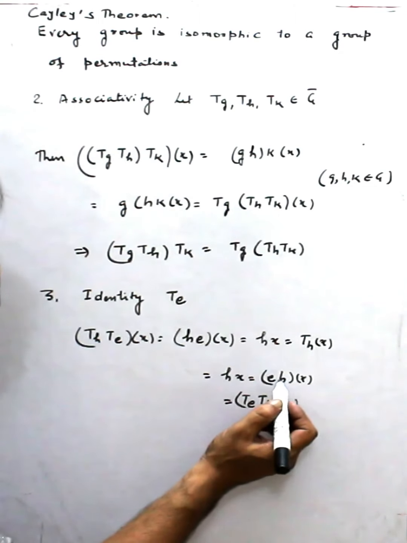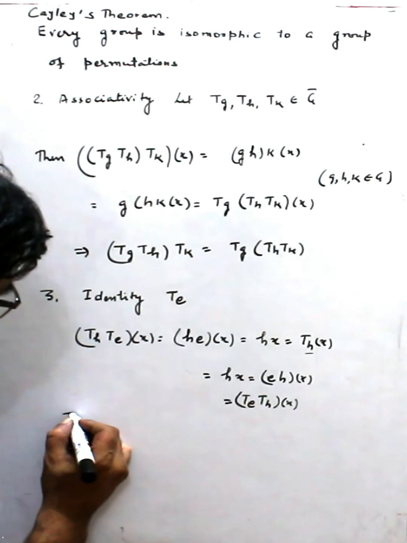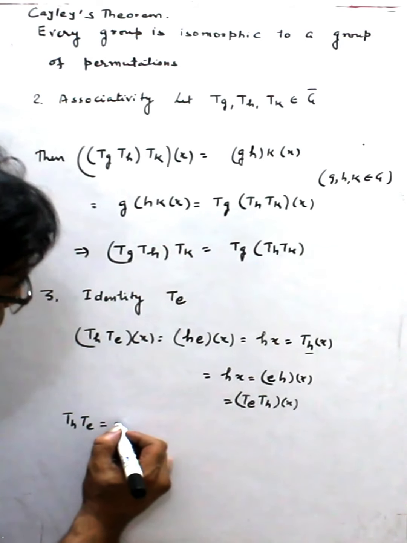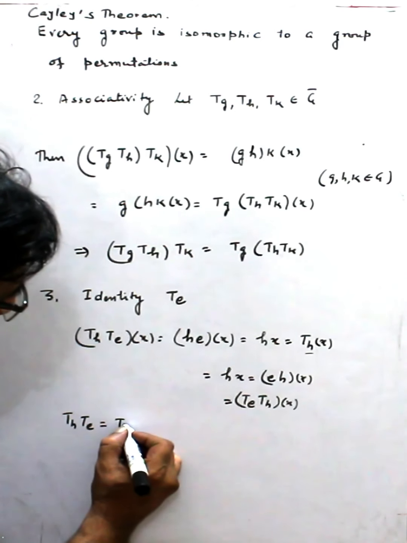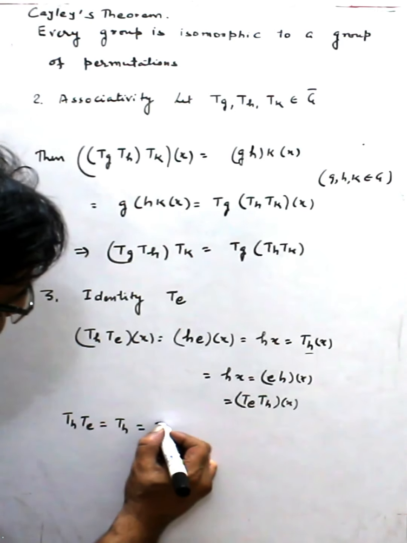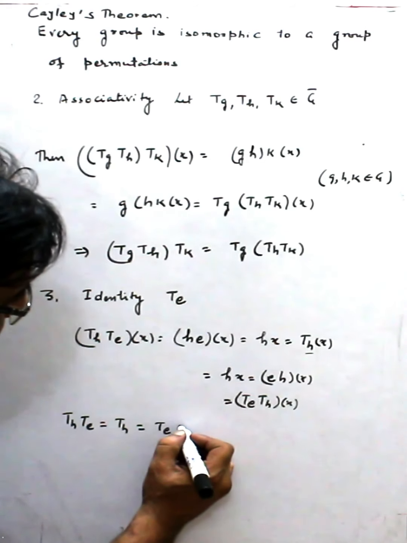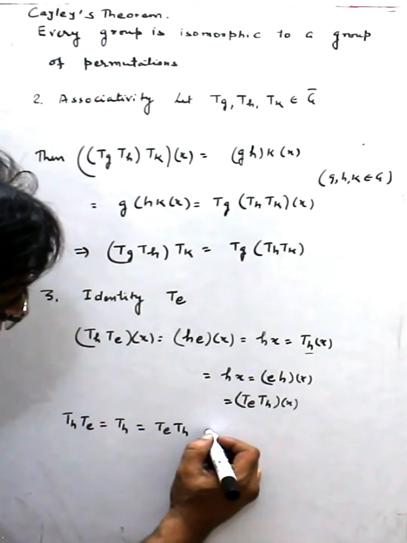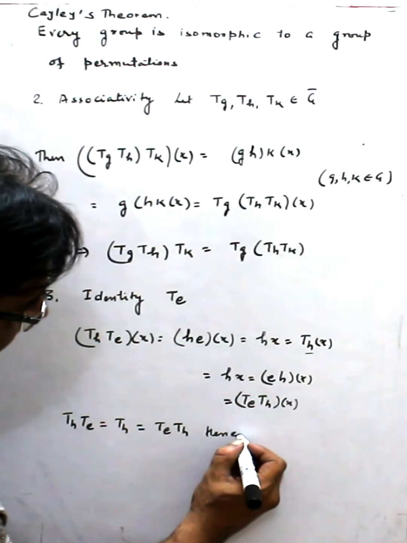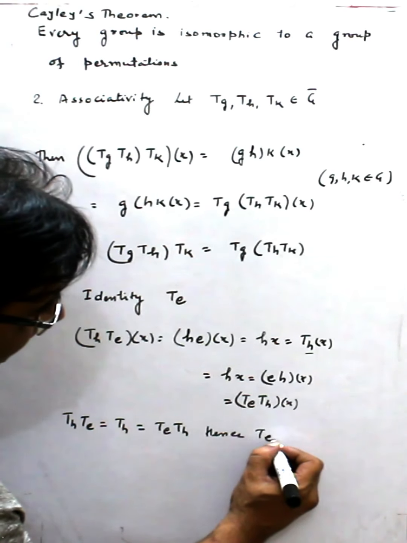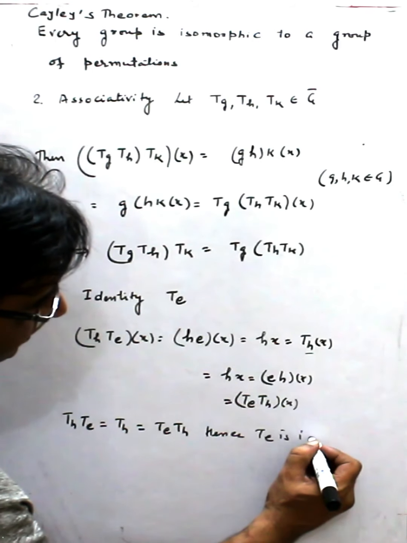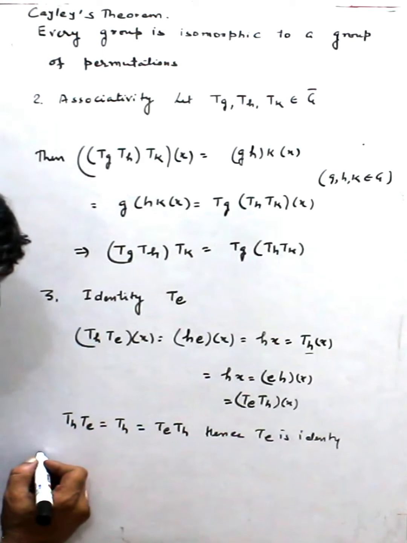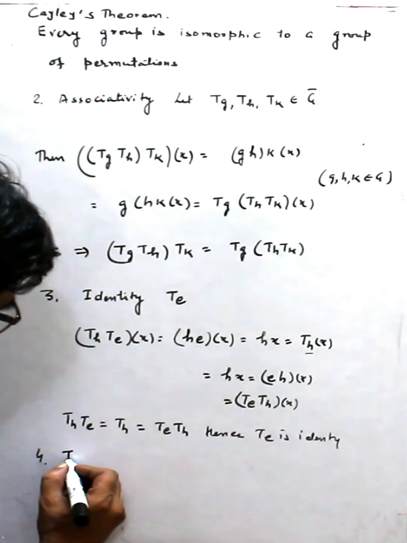From here we can say Th Te is equal to Th and Te Th is equal to Th. Hence Te is the identity.